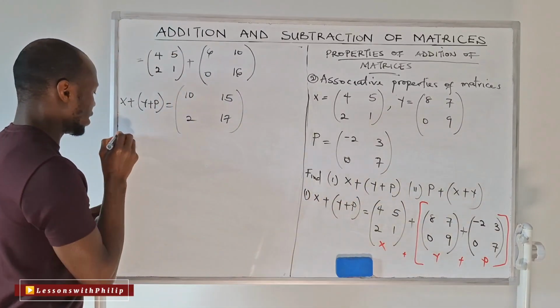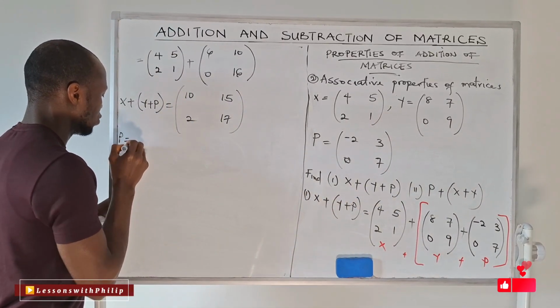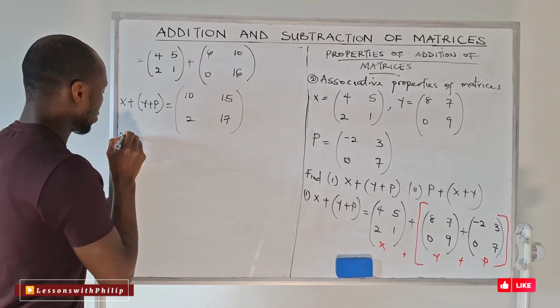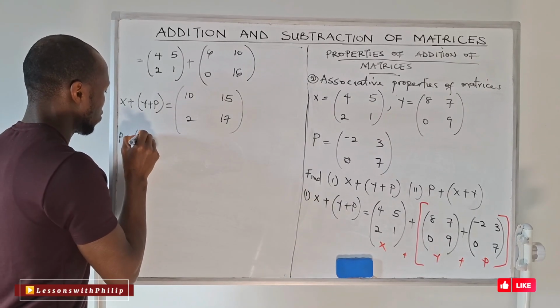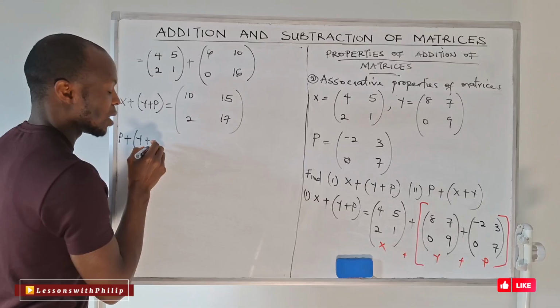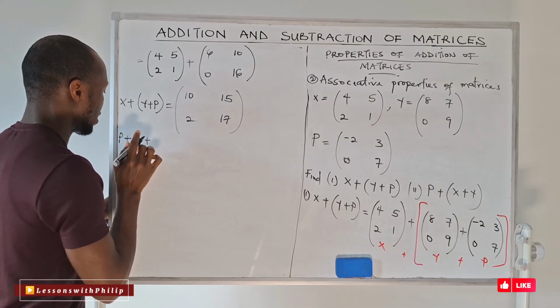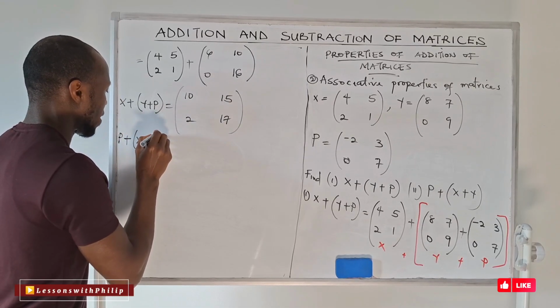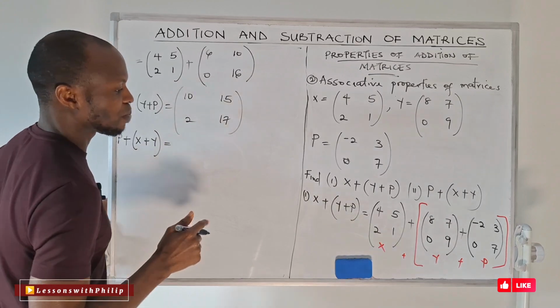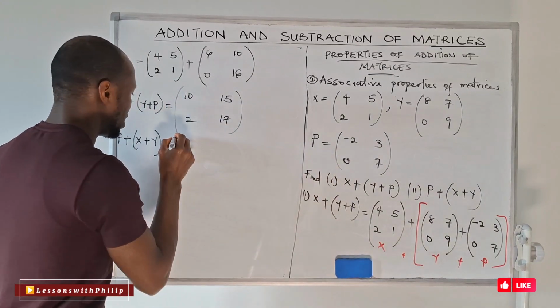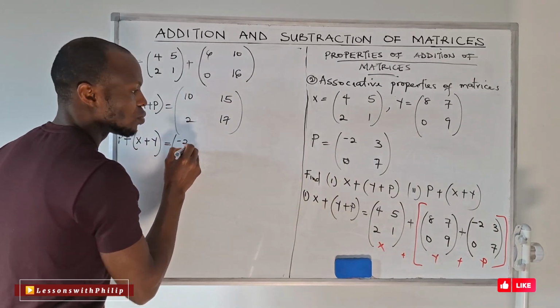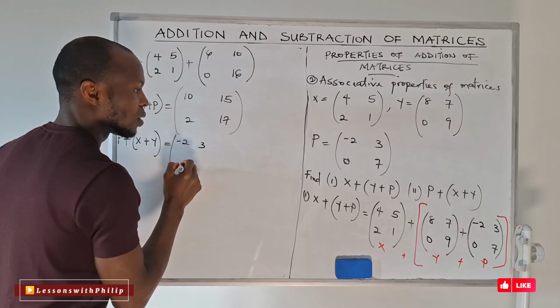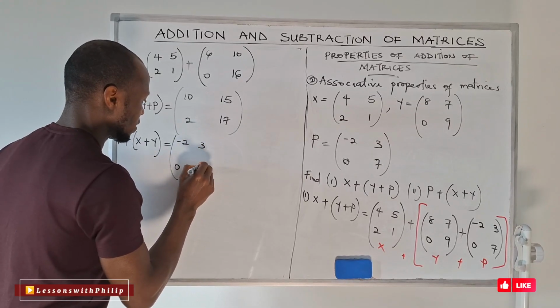The second one says P plus X plus Y. What is my matrix P? My matrix P is -2, 3, 0, 7, right?